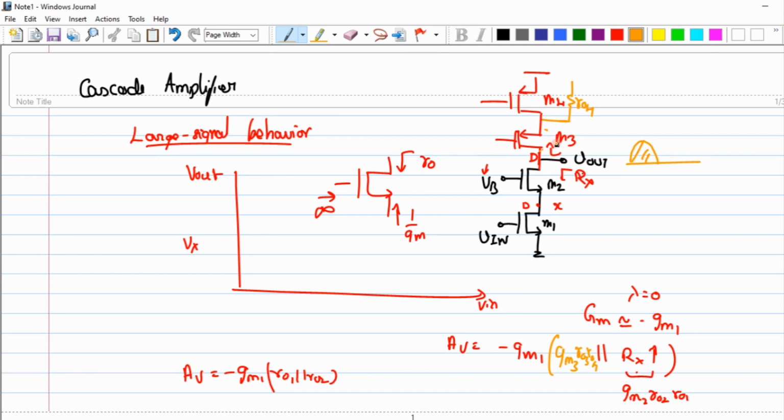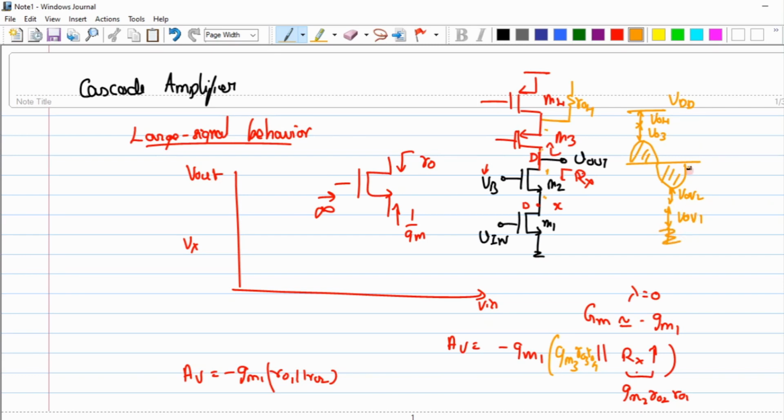What is that minimum drop such that both M3 and M4 remain in saturation? VOV. So if this is my VDD, I have to have a drop of VOV4 across VDS4 and VOV3 across VDS3. When I step down, I have to maintain a minimum drop across M2, which is VOV2, plus the minimum voltage across the drain and source of M1, which is VOV1.